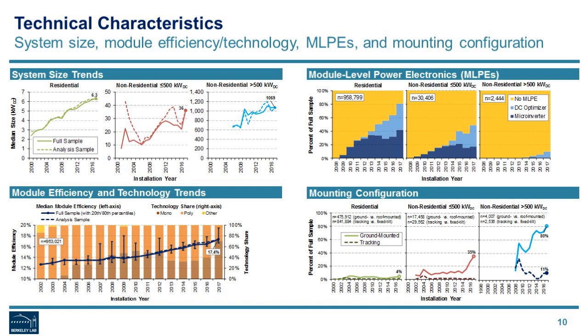So this slide, which describes trends among various technical characteristics of distributed PV projects, is very dense, but let me just note a few things about each of the figures here.